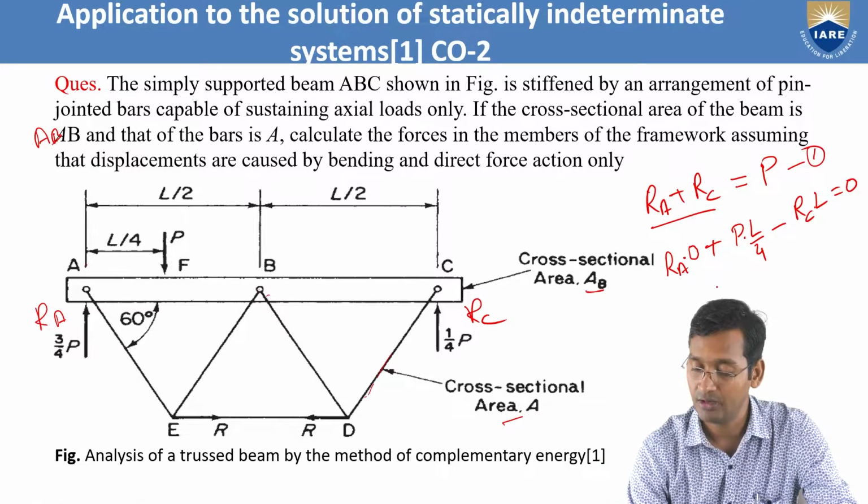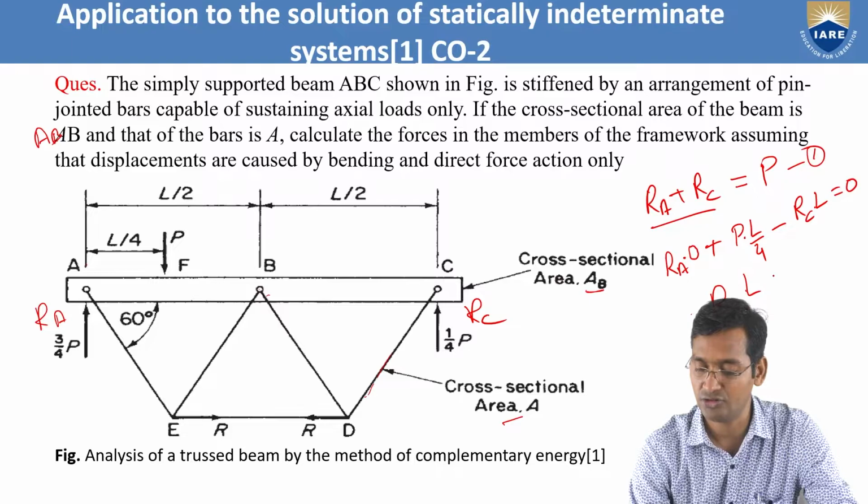From here, RC L equals PL by 4, taking this to the other side. L gets cancelled, so RC equals P by 4.